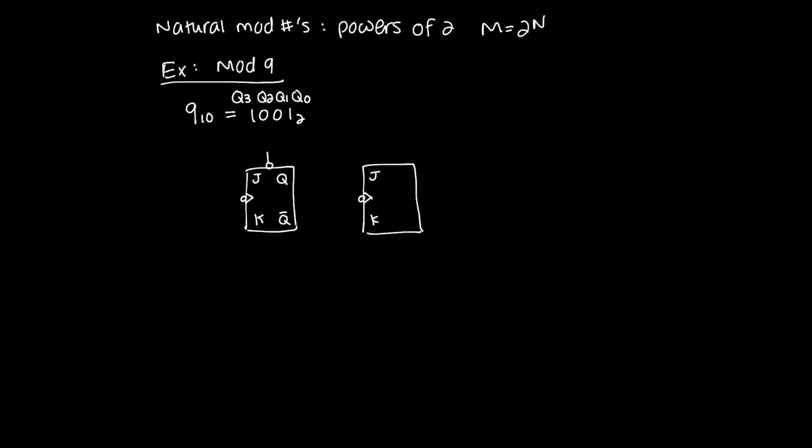Then I'm going to have my asynchronous inputs. Sometimes these are called pre, and sometimes they are called R or S. The one at the top is usually set, meaning it makes Q equal to 1. It's asynchronous because you can set Q equal to 1 at any point in the clock cycle. And at the bottom, I have the reset, which makes Q 0 at any point in the clock cycle.